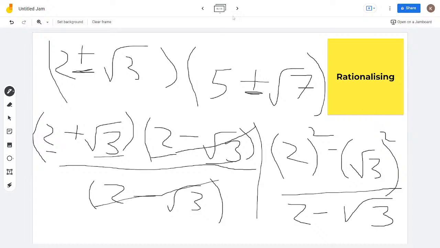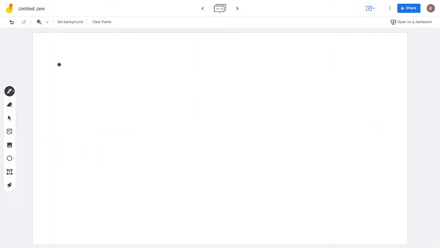Okay. And further simplifying, what we will be getting is 4 minus 3, which is 1, divided by 2 minus root 3. The first term is simplified.